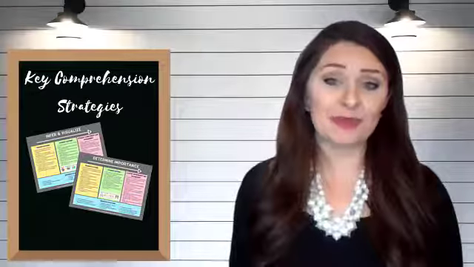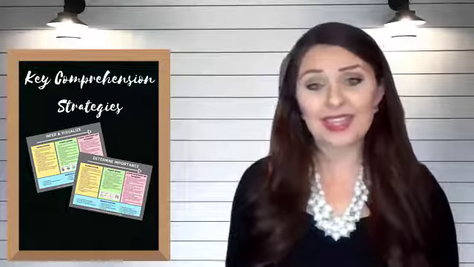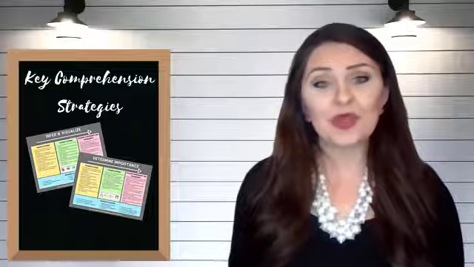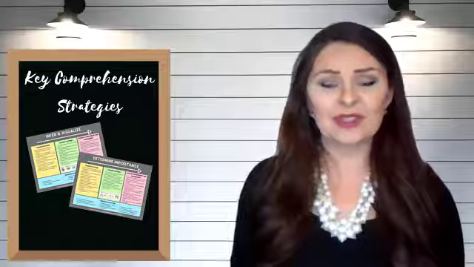These lesson frames pair with the key comprehension strategy one-pagers that our office has adapted from the Comprehension Toolkit assessment checklists. On each one-pager, you will find a range of tools, not only for the teacher, but also for students.